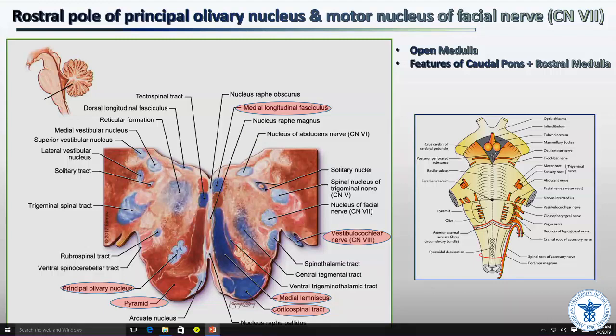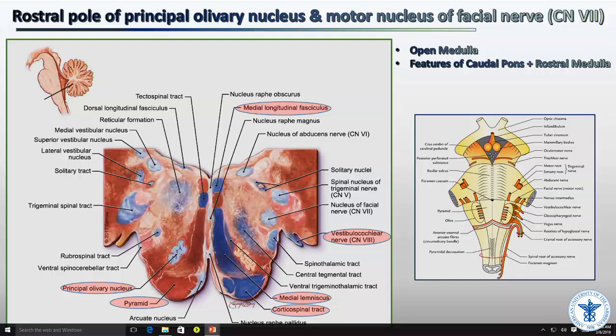Now, remember that the third, fourth, and sixth cranial nuclei are at the ventral aspect of the CSF space in the brainstem, and very close to that, close to the midline, lies the medial longitudinal fasciculus. I don't know if I stressed that too much yesterday, but this is the place where you can look for it.